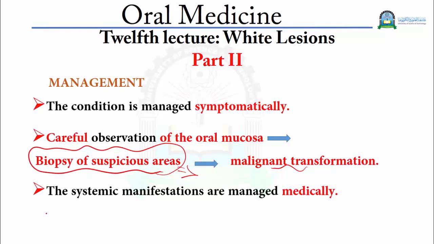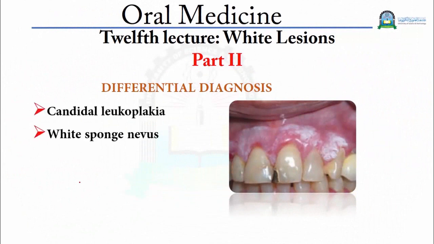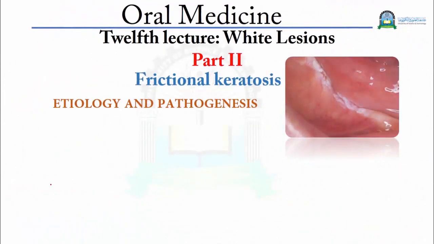The systemic manifestations are also managed medically by referring the patient to the specialized physician. Differential diagnosis of keratosis congenita: Candida leukoplakia and white sponge nevus are the two lesions which are clinically very similar to keratosis congenita.